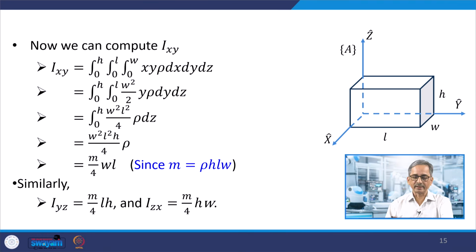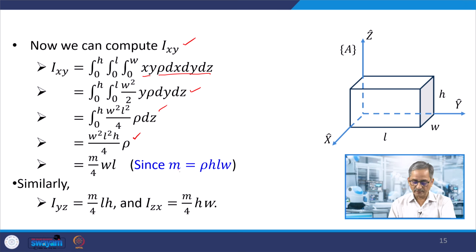Next, let us see how the cross terms are evaluated, that is Ixy. So, it is x y times the mass of the elemental volume. We can simplify this. The first integration gives us this, then the second integration, and finally the third integration.